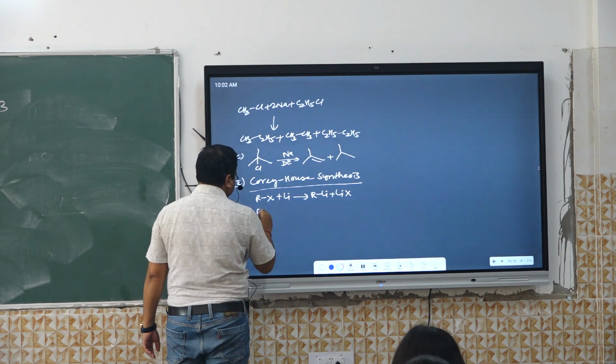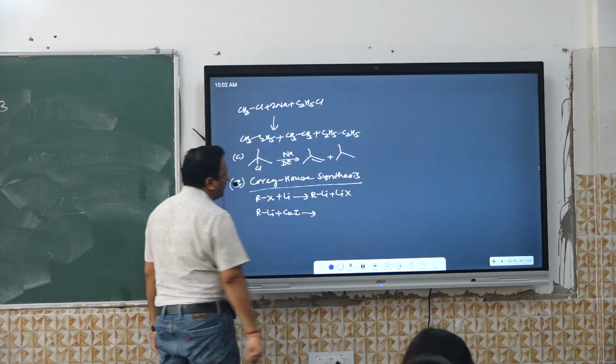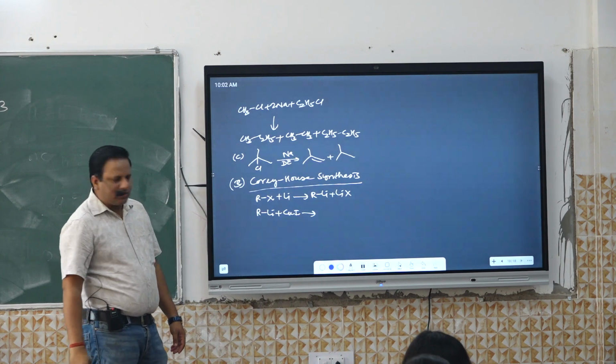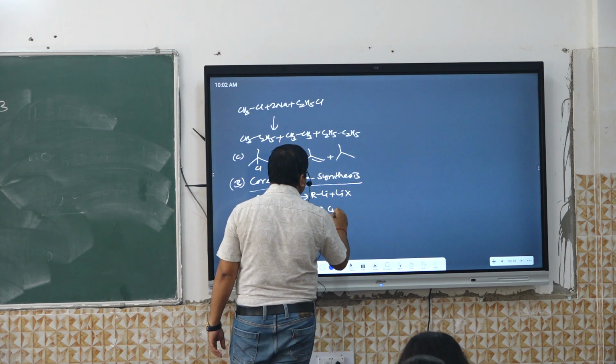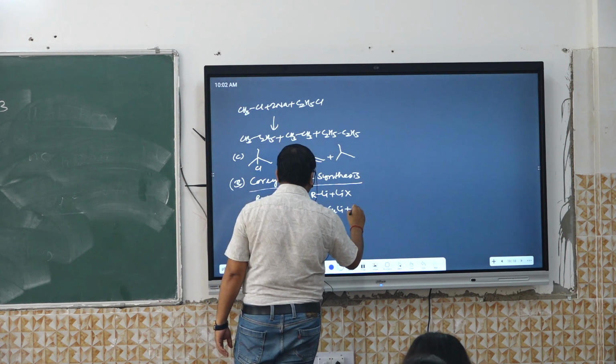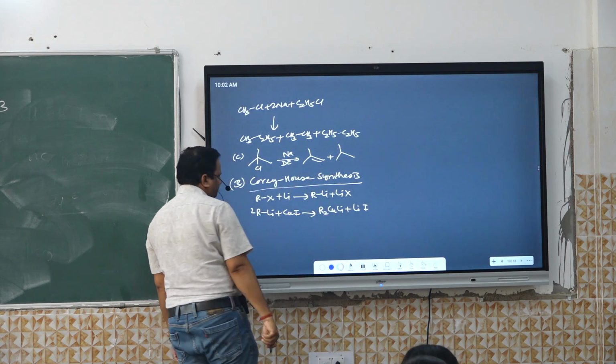Second, what is the name of CuI? Cuprous iodide. Okay, so with cuprous iodide, that will give R2CuLi plus LiI. You will also have to balance it.